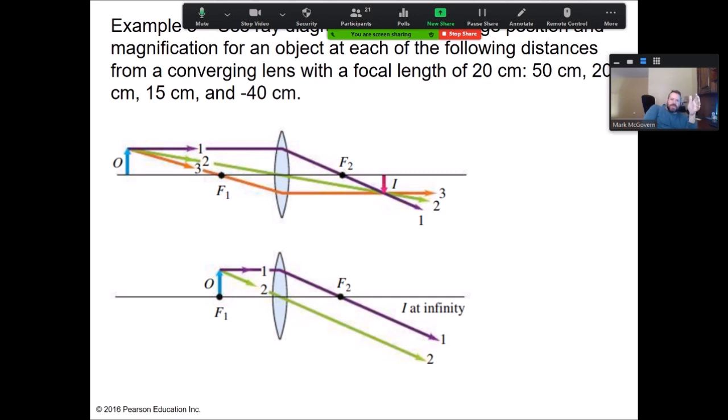We want to put one that's at the focal length. We want to go within the focal length, and then get this. This is wild. We're going to choose an object that is on the other side of the lens. I know this is weird, but negative 40 centimeters is our S value. You say, Professor McGovern, that doesn't make any sense.